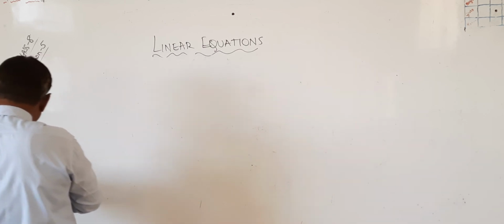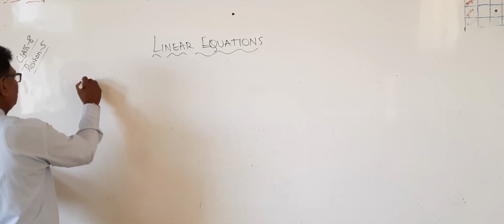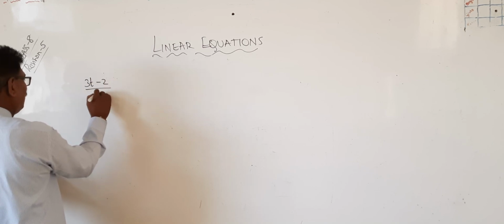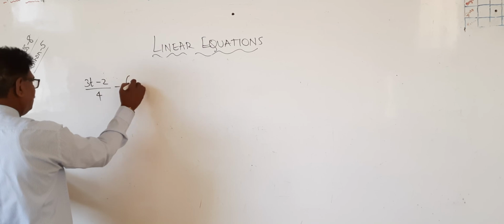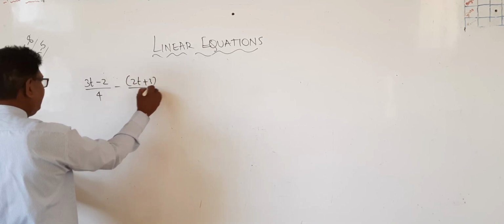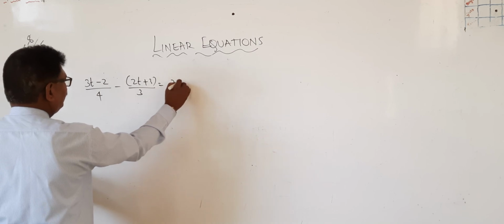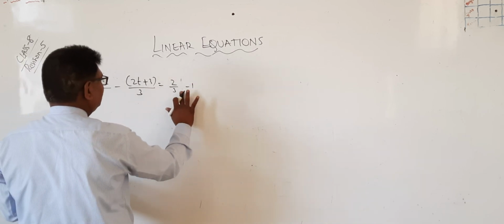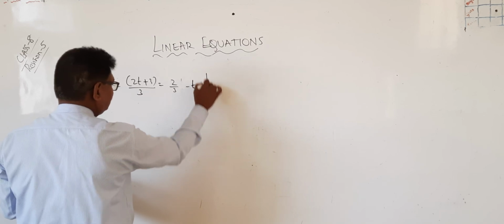Yes, very simple problems. 3t minus 2 divided by 4 minus 2t plus 3 divided by 3 is equal to 2 by 3 minus t.